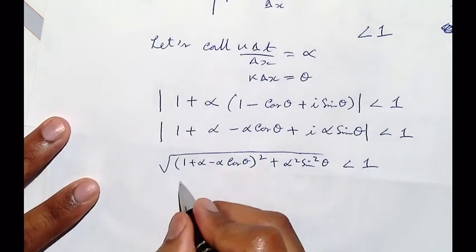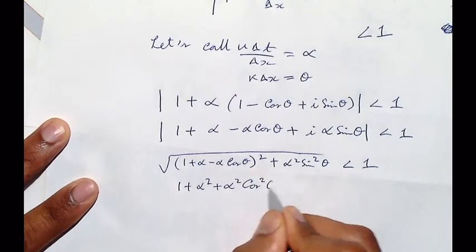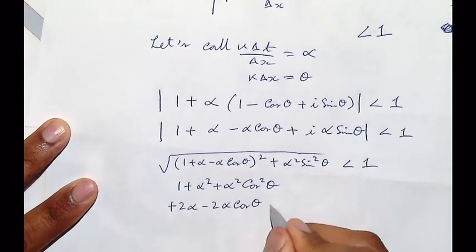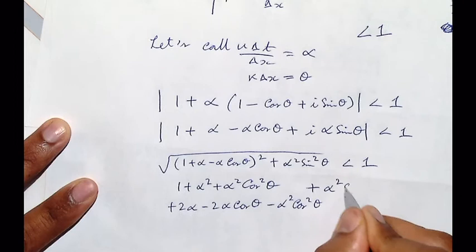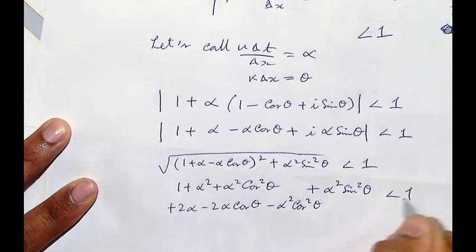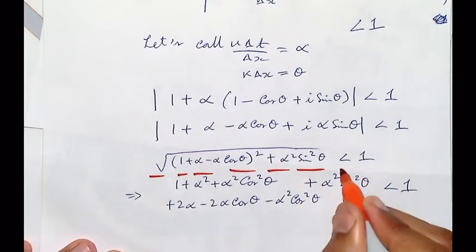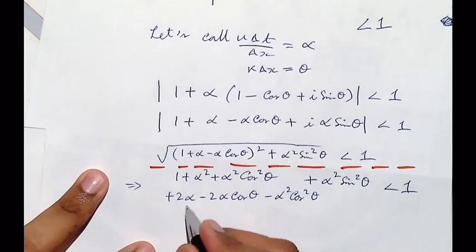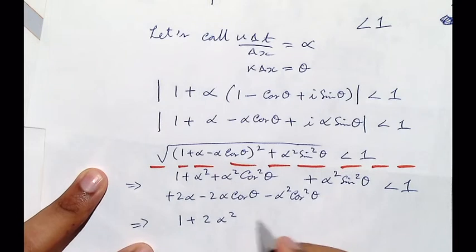Okay, let's expand this term. This becomes 1 plus alpha squared cos squared theta plus 2 alpha minus 2 alpha cos theta minus alpha squared cos squared theta, and the imaginary term is this, less than 1. We know cos squared theta plus sine squared theta is 1, so this becomes 1 plus 2 alpha squared.